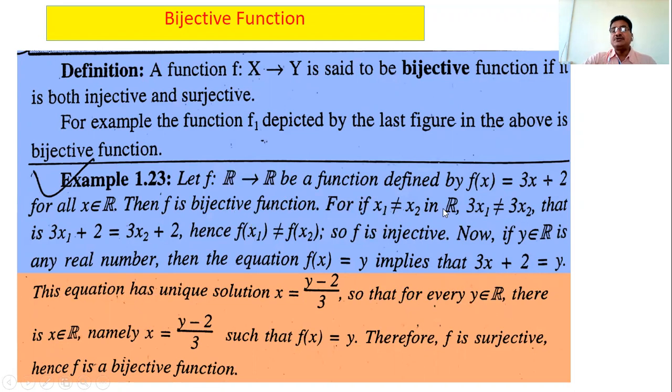So take two elements from the domain; in this function, domain and codomain both are same. Take x1 and x2, or x and y, such that they are different, not equal. Now we have to show f of x1 is not equal to f of x2. So what is f of x1? 3x1 plus 2. And what is f of x2? 3x2 plus 2.